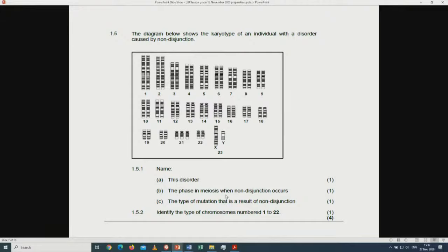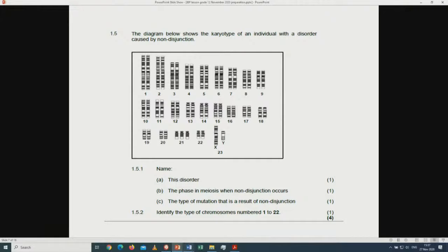The phase of meiosis when non-disjunction occurs can be anaphase 1 or anaphase 2. But if the question indicates meiosis, then anaphase will be credited.